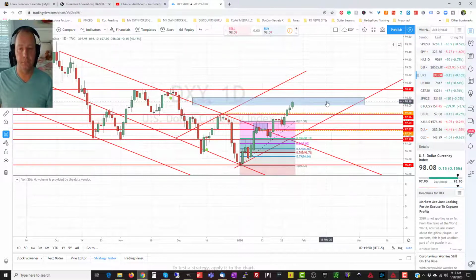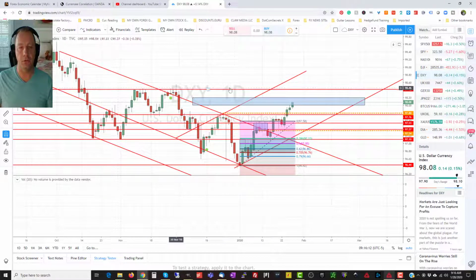Well, it's there. So now it's reasonable to expect some form of retracement. Because this is also the liquidity zone, because the stop losses are about here. So we're in this liquidity zone, so now we should expect some retracement. The retracement is most likely going to be down to this level before it continues up to this level.